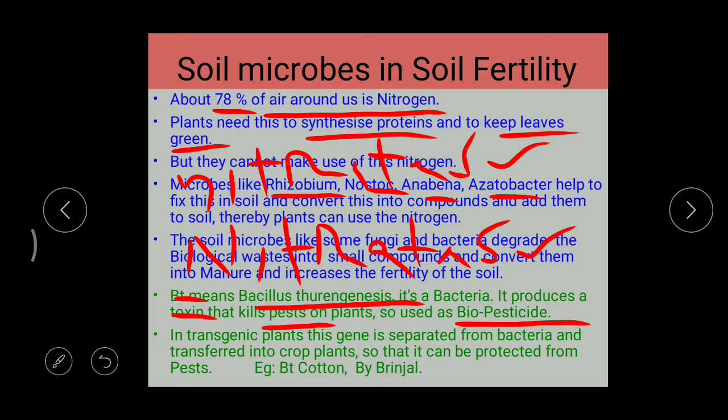That means the plant itself will get resistance against this pest. So no need to add any pesticide to those plants.